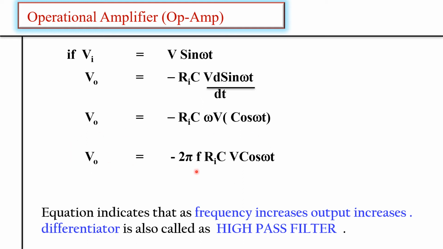What is omega in terms of frequency? Output is equal to minus 2 pi f RF C V cos omega t. This equation shows that as the frequency increases, the output also increases. Therefore, the differentiator is called a high pass circuit.